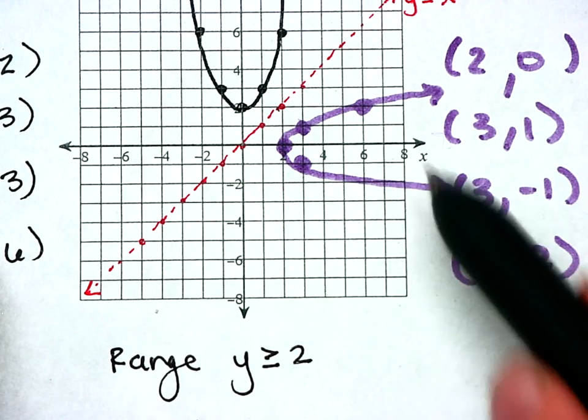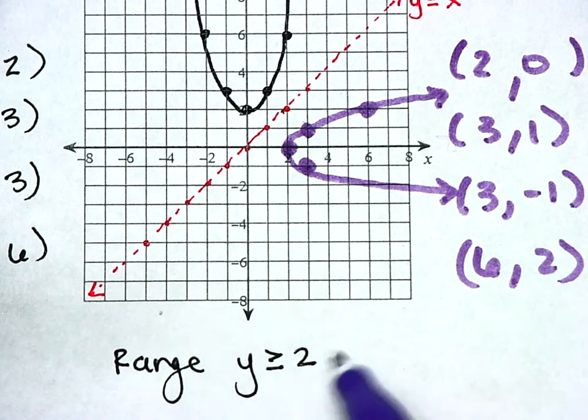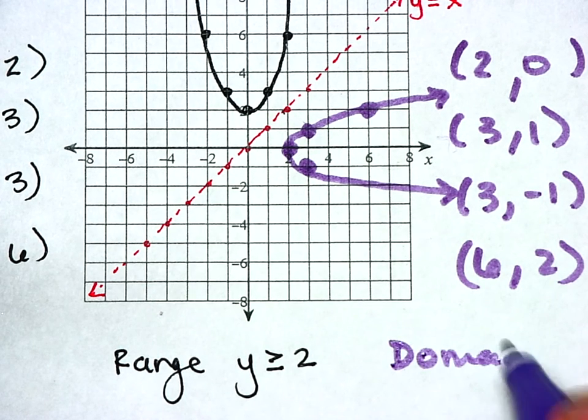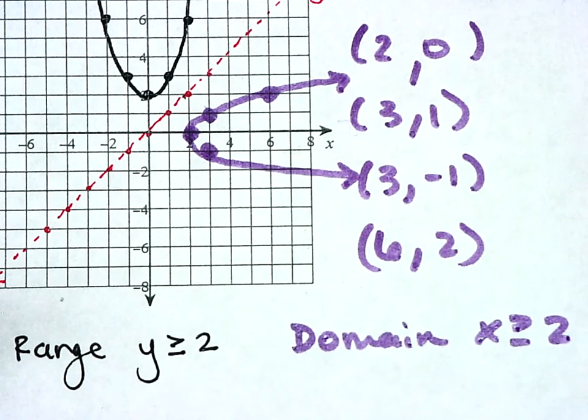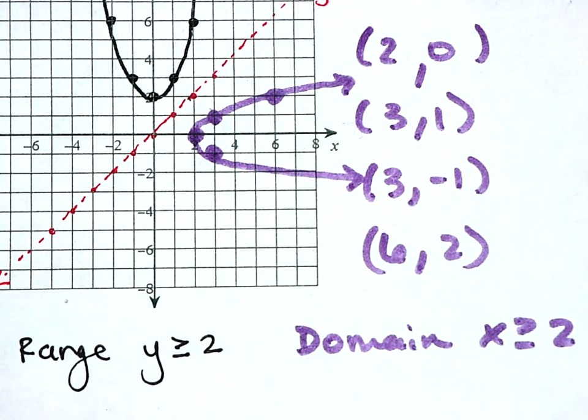But then for the inverse, that means that's going to affect the domain, right? The range of the original function is the domain of the inverse. So if the y values have to be greater than 2, then the x values have to be greater than or equal to 2.